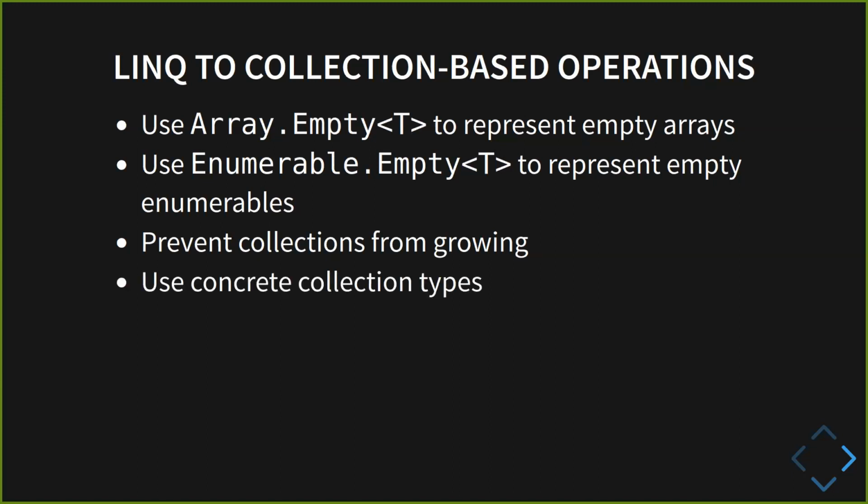And then the next thing is when you operate with collections, you should always use the concrete collection types. So instead of using IEnumerable or IReadOnlyCollection of something, you should always use List or arrays, concrete collection types. Why is that important? Well, whenever you use the concrete collection type, essentially you're getting a struct enumerator.